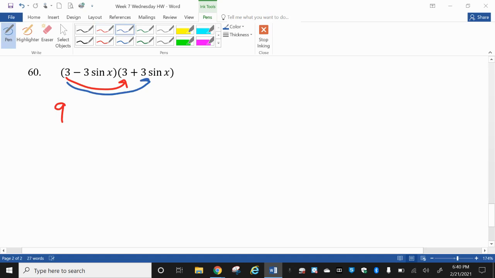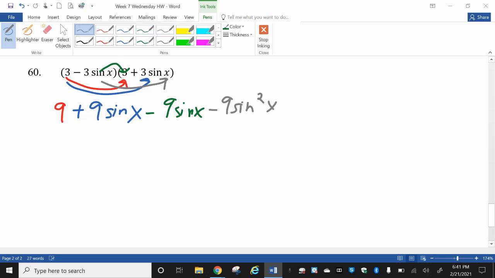Outer, 3 times positive 3 sine of x will just give us positive 9 sine of x. Inner, negative 3 sine of x times 3 will give us a minus 9 sine of x. And then last, negative 3 times positive 3 will give us a negative 9 sine squared of x.